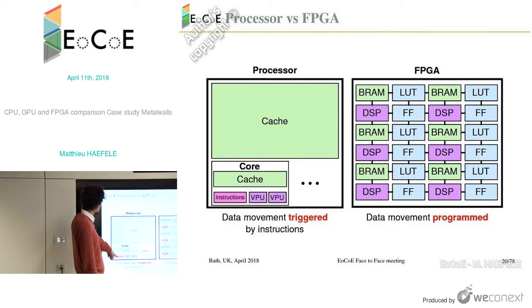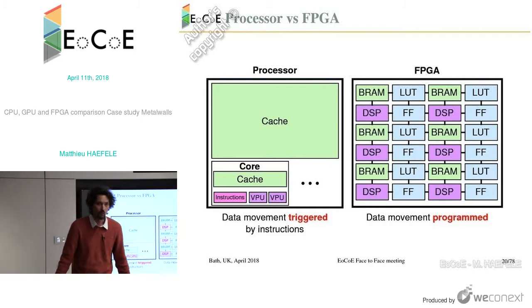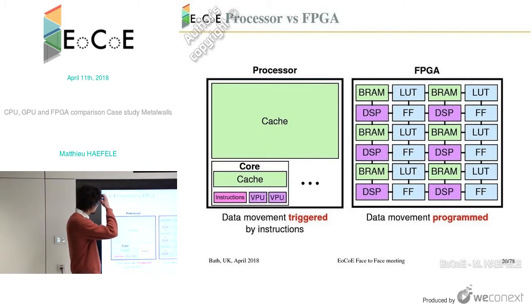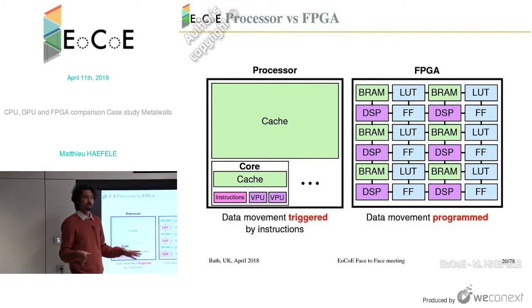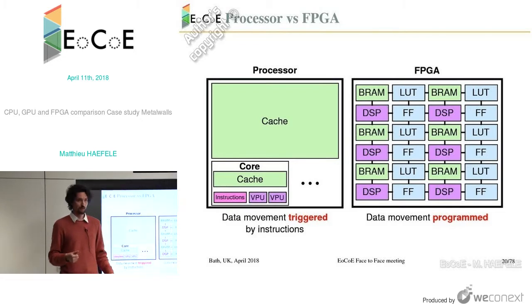And hopefully you have vector processing units that will execute multiplications and additions. But then a lot of space on the silicon is spent on memories, so caches on processors. And the big difference with FPGA is that here all the data movements are done automatically in hardware.